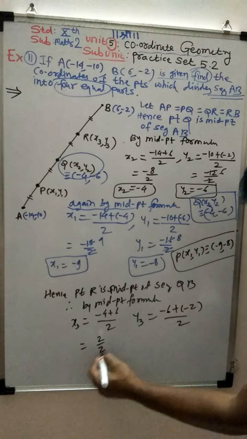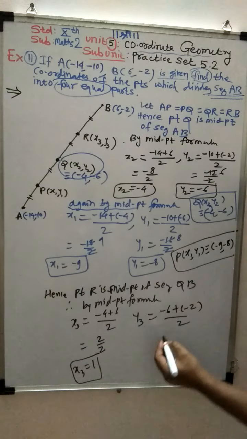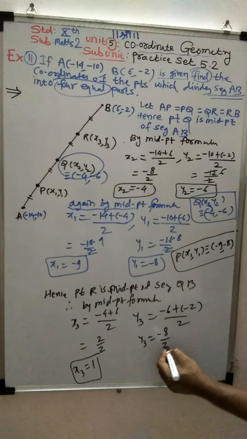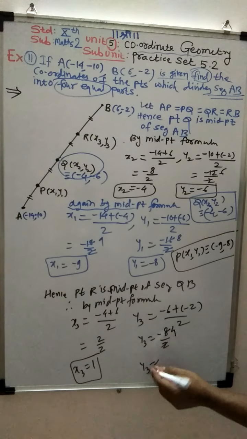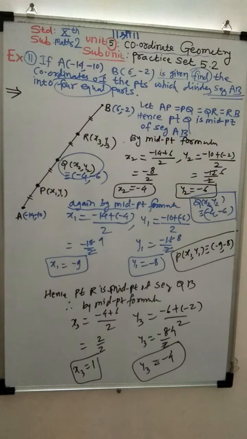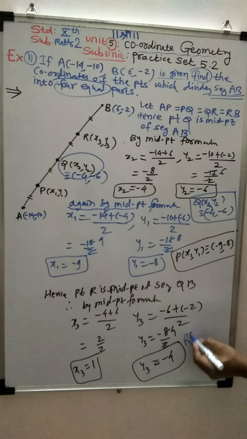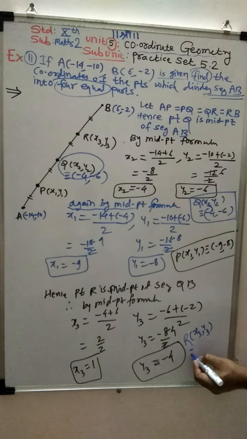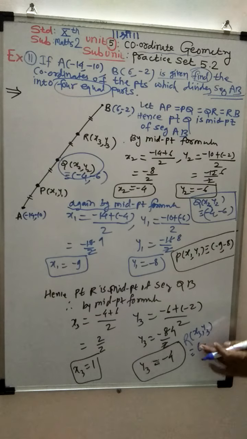So here 2 by 2, x3 is equal to 1. And here y3 is equal to -8 divided by 2, y3 is equal to -4. The coordinates of point R are (1, -4). So we write down the coordinates of point R, (x3, y3) gives (1, -4). This is example number 11, and the respective coordinates of P, Q, R are shown here.